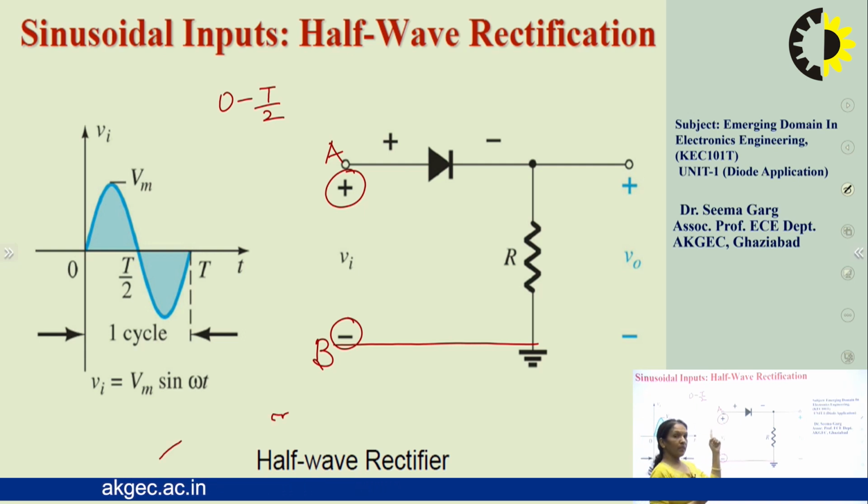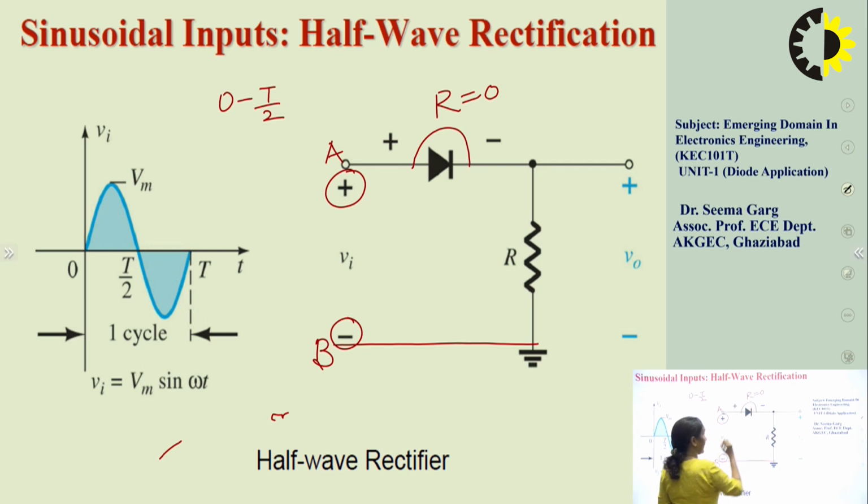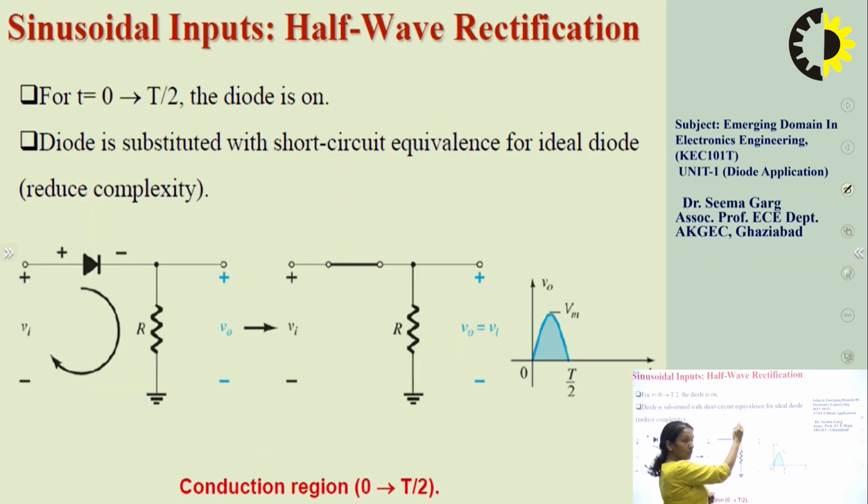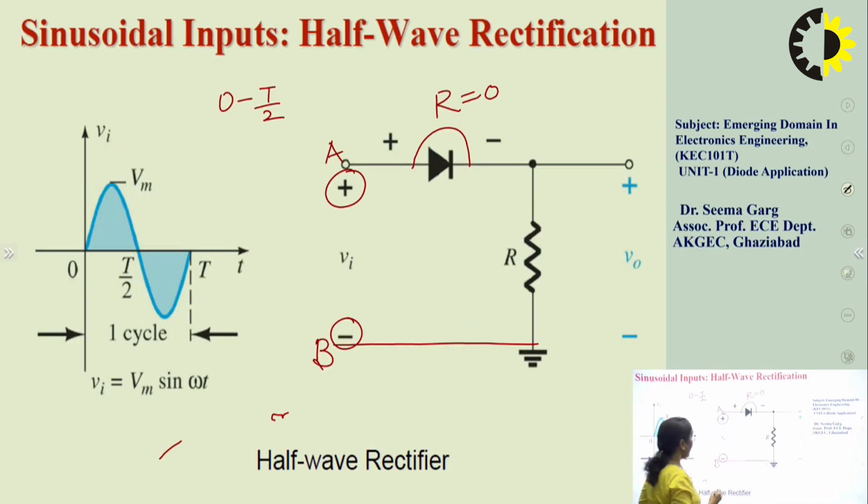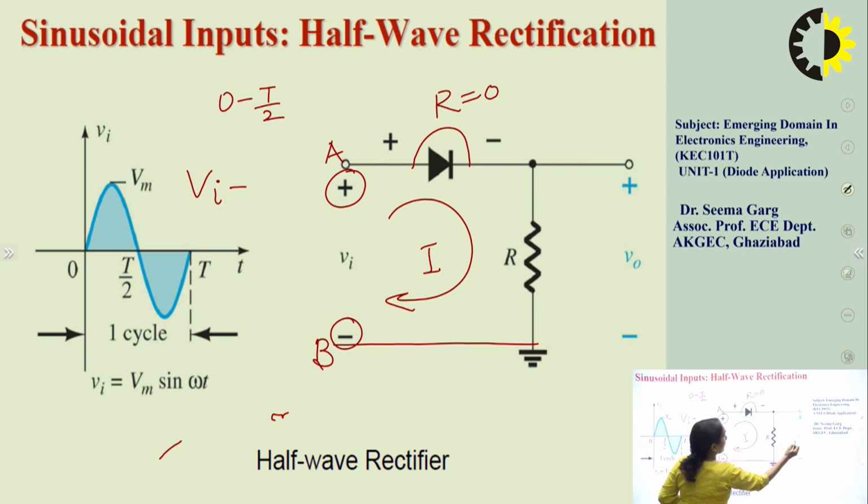As soon as the diode is forward biased, it offers zero resistance, that means short circuit. And because it is offering zero resistance, no voltage drop will take place across the diode. If we write KVL in this loop, then Vi minus Vo is equal to 0.